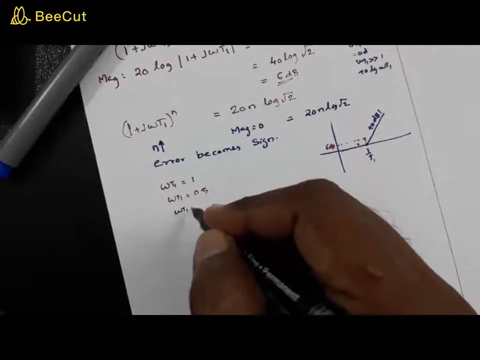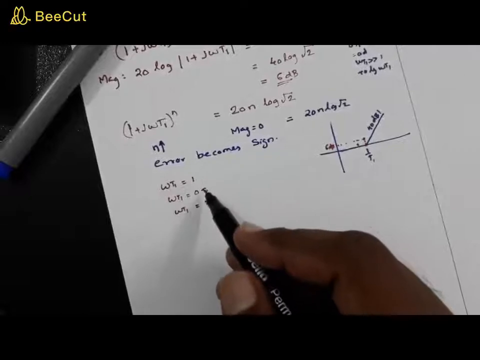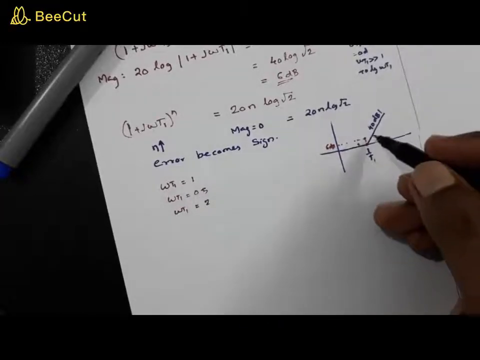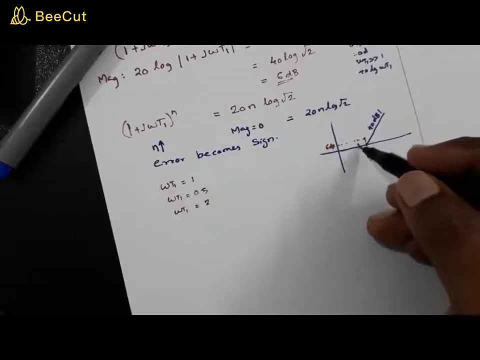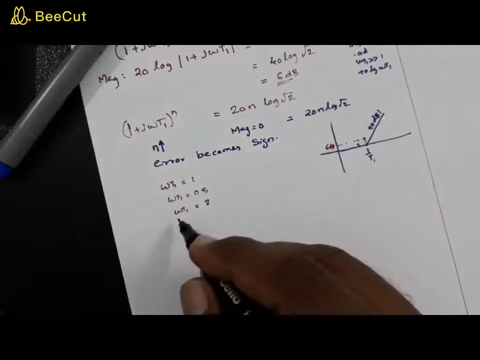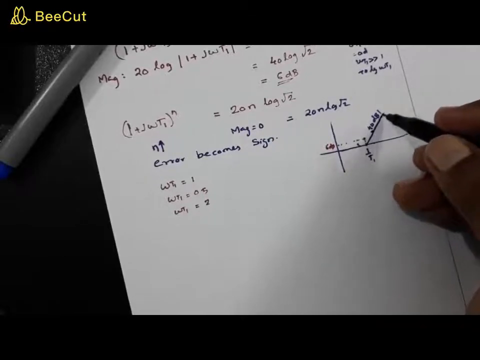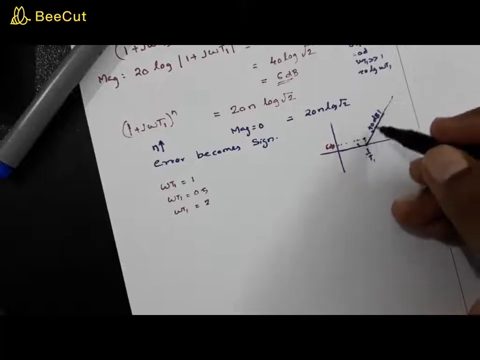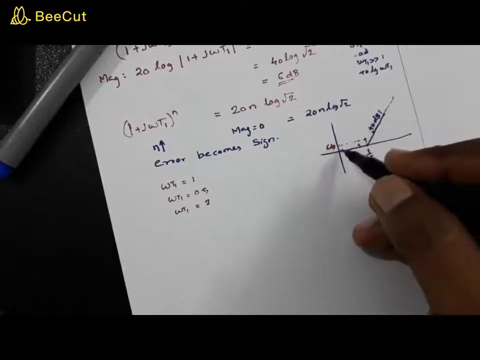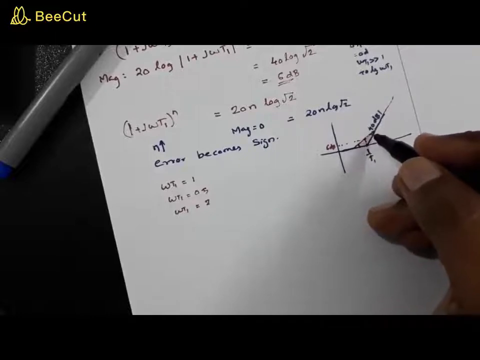Similarly, you must find the point at omega t1 equal to 2, that is twice the corner frequency, and half the corner frequency, so that you get the points corresponding to this as well as this. As you substitute omega t1 in terms of t, you can see that this becomes closer to this. Then after this, it will follow this asymptote. So the exact graph will come like this.